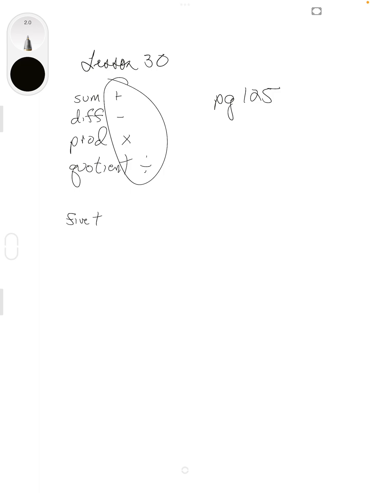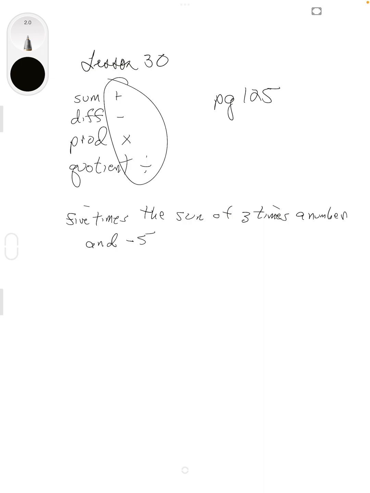5 times the sum of 3 times a number and negative 5.